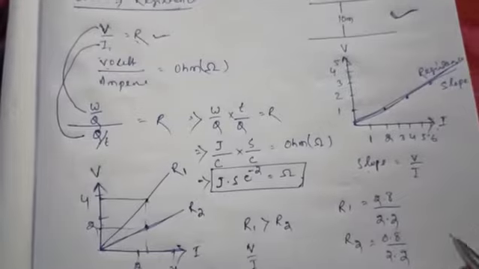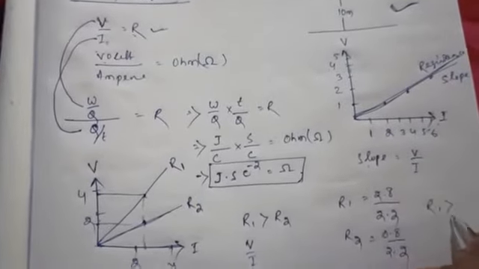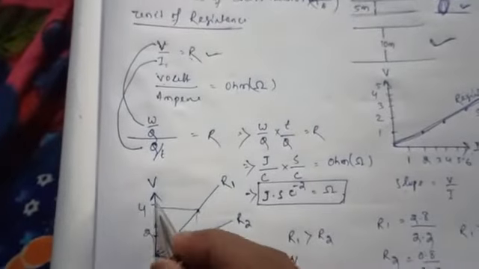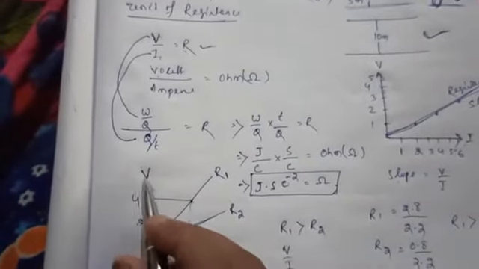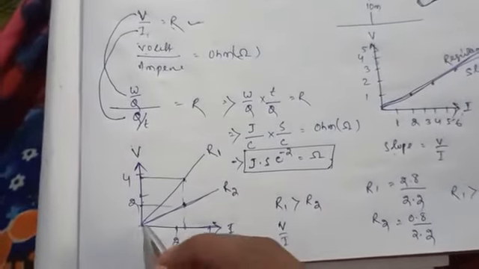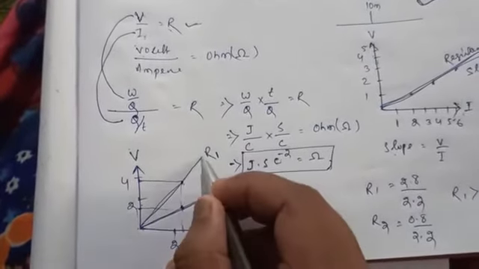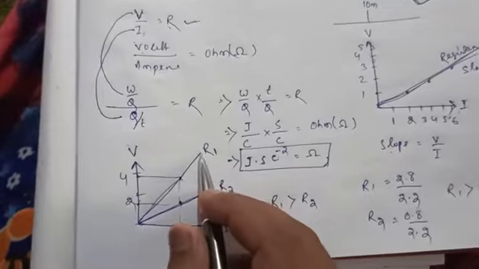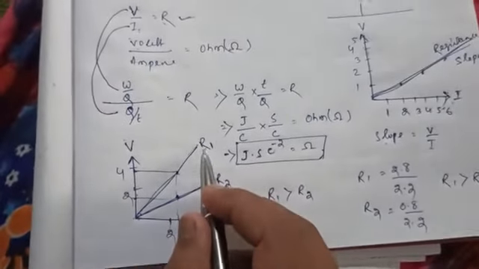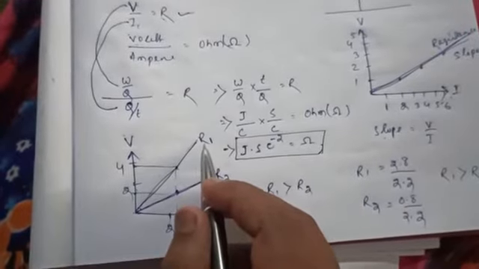Which one is greater? Clearly R1 is greater than R2. That means in a graph with V on the y-axis and I on the x-axis, if there are two lines, the line in the upper section has the more value of resistance.